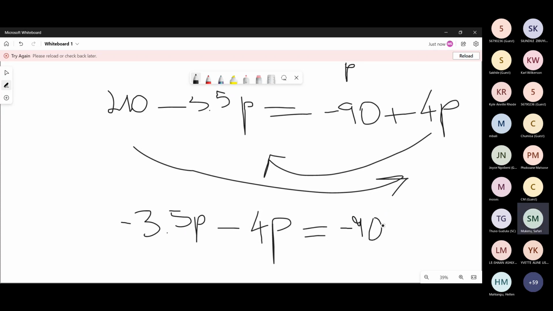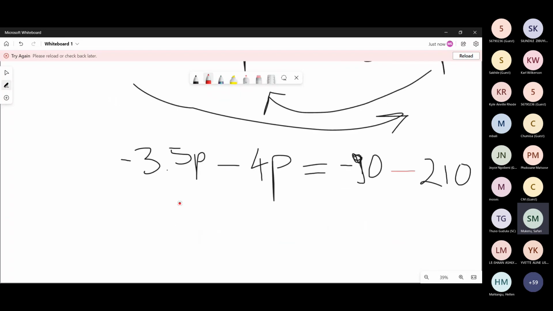Yes, plus 210. When you change the side, it should be minus 210. So sorry, the sign changes, minus 210. Oh yes, sure, minus. Thank you.